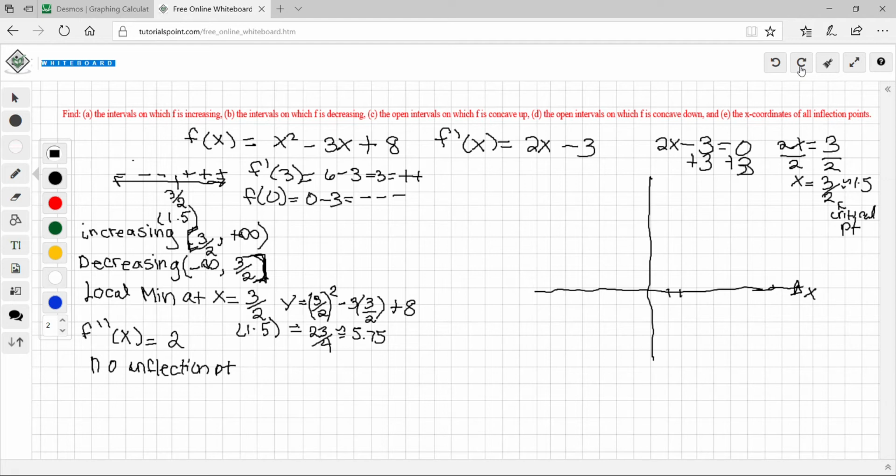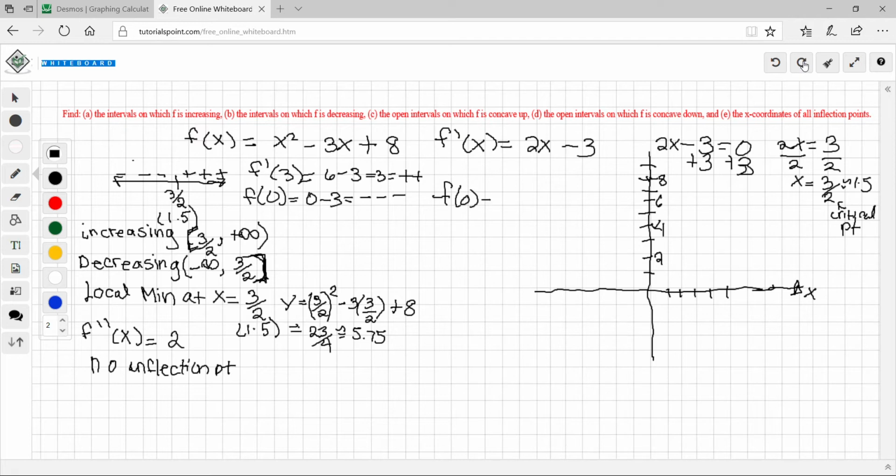If you were to graph this, you get x squared. This is a polynomial, and it's going to look something like this, because it's an even degree. So it's going to make a parabola. You can find the y-intercept by plugging 0 into the original function f of x.